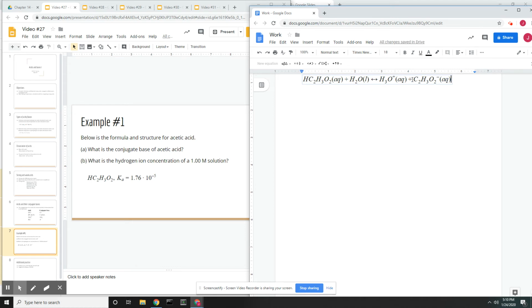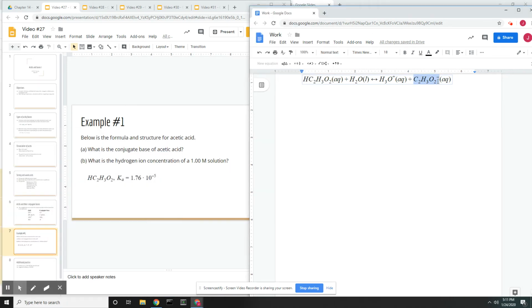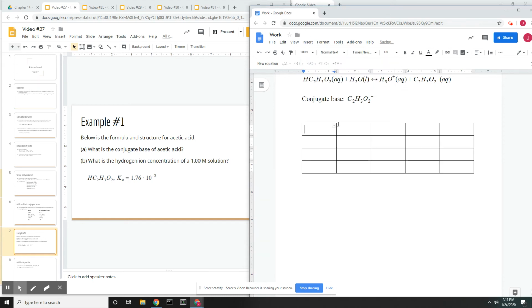So based off of the dissociation reaction, I can just take what's left over, and that's my conjugate base. Now for the second part of the problem, I'm actually going to need to make an ICE box. I'm just going to more generally label my ICE box for the sake of time. So I just do HA, H2O, A minus, H3O plus, and A minus.